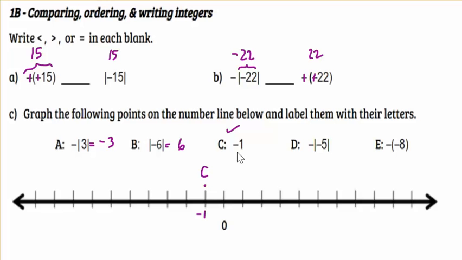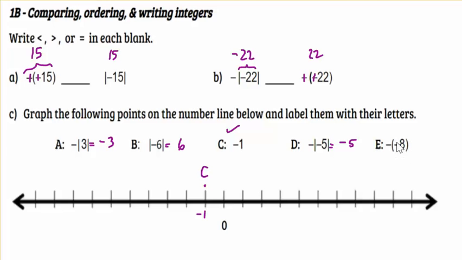We've already taken care of C. For D, we look inside these absolute value bars, and that's the absolute value of negative 5, which is, of course, 5, but then we deal with the negative sign that's in front, or the opposite of, which would make that negative 5.